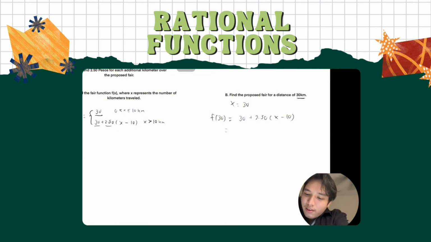So 30 plus 2.5 multiplied by what? x. So what is the value of x? 30, so we plug it into the x part. So 30 minus 10 km. How do we solve this? What is the general rule that we follow?